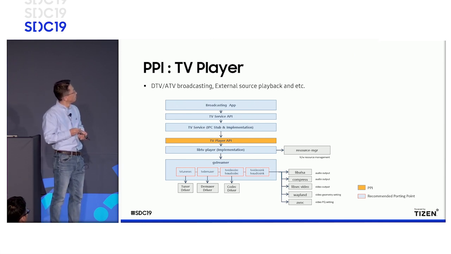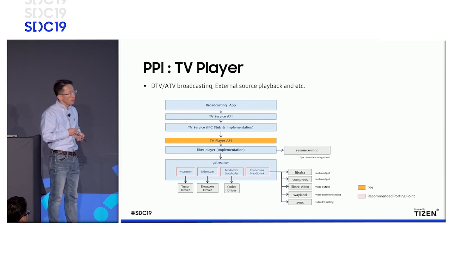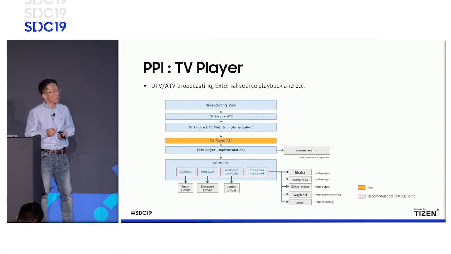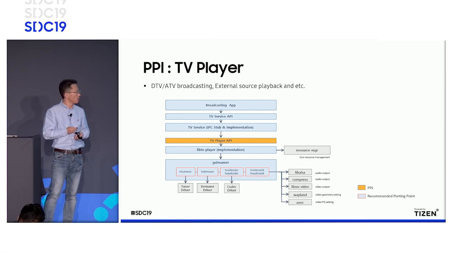Then, basically, we put most of the hardware-dependent modules inside GStreamer elements. So we recommend you to implement and replace this red box. So source, demux, decoder, and sync.